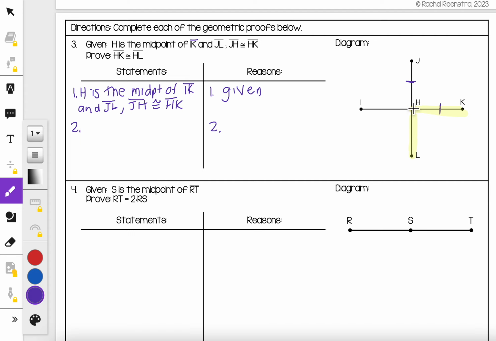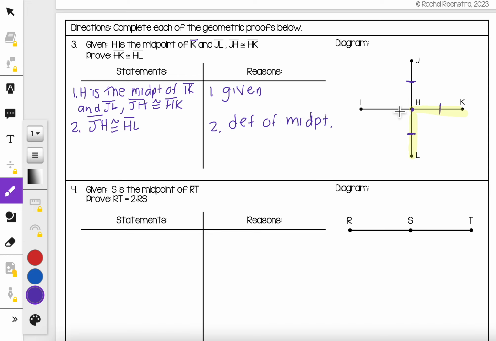If I look, I know that JH is already congruent to HK. I know that H is the midpoint of segment JL. So if H is the midpoint of segment JL, then JH has to be congruent to segment HL. Okay, so JH is congruent to HL by the definition of a midpoint.